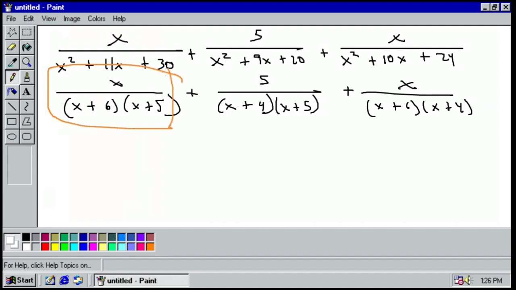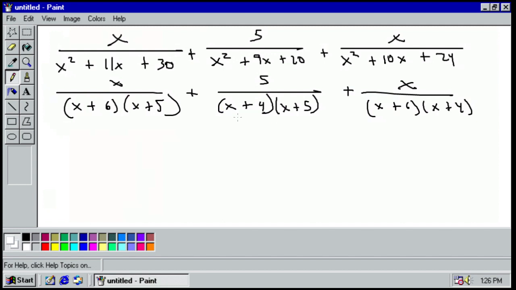For this one we have x plus 4 here, but we don't have any x plus 4 here. But for this we have x plus 5 and we have x plus 5 here, so we're not going to add that. And we have x plus 6 and also x plus 6 here, so we're not going to add that. So if you understand me, we have this x plus 4 repeated from this.